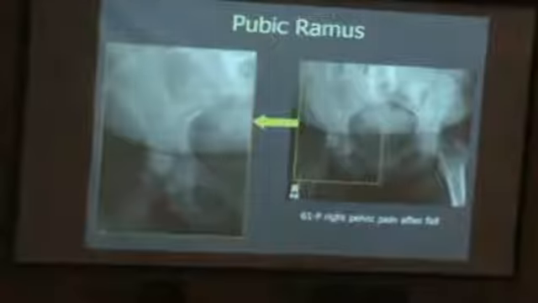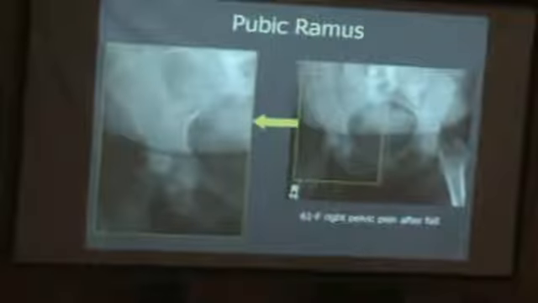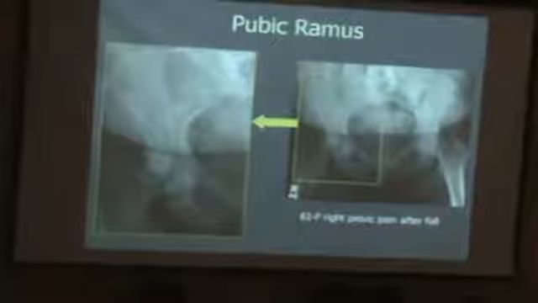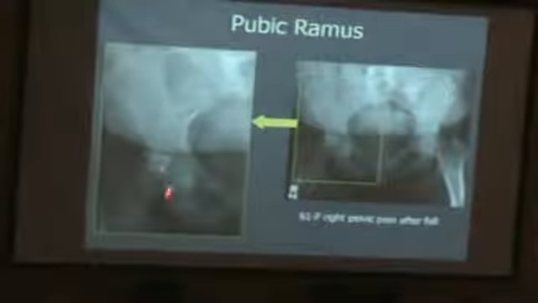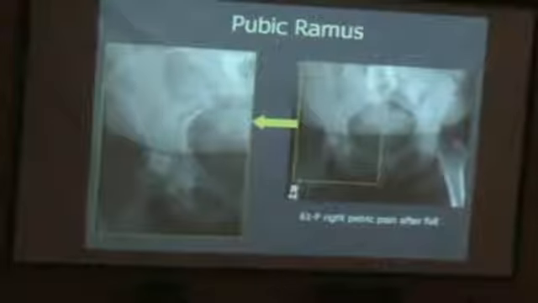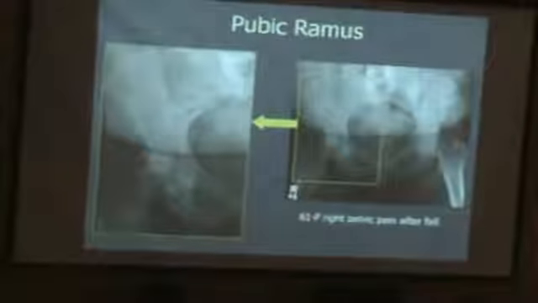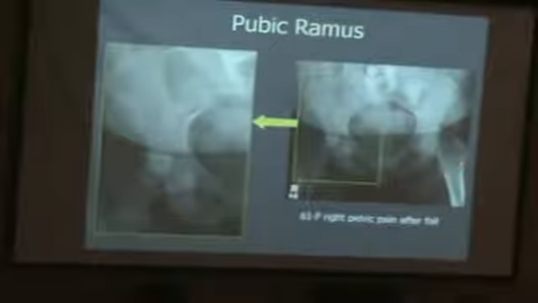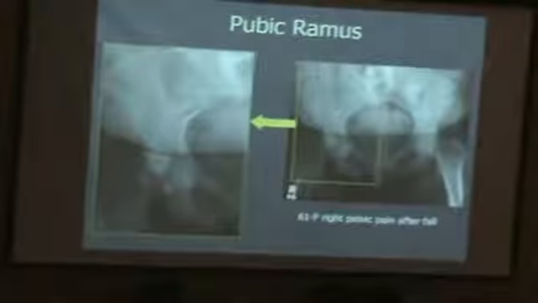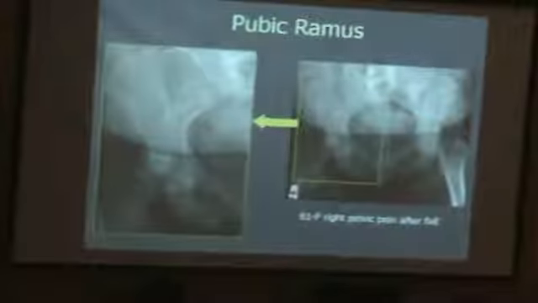The pubic ramus is again something that we sometimes miss. This is a patient, 61-year-old female after fall, pelvic pain. We looked, of course, at the femoral neck, and there is nothing. I do think maybe you see something retrospectively here from this image. So the spot is here, maybe something, maybe not.